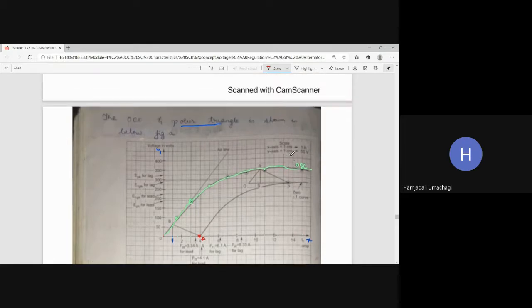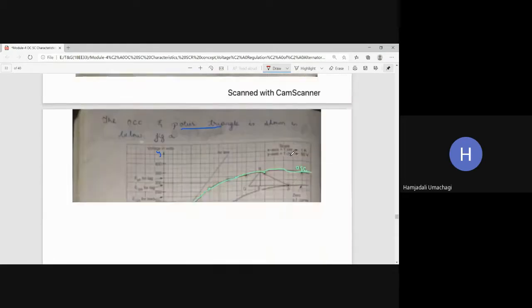This is my 14 amps excitation, and the required voltage is 288.67. This is 250, so somewhere here. This will be my second point. In the textbook, this diagram is not up to the mark as per the scale.